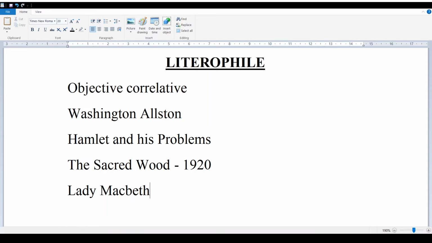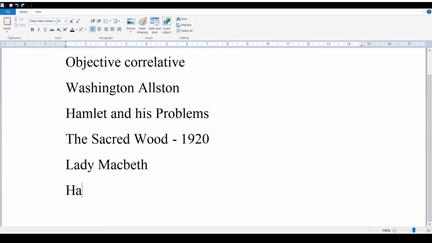Now, according to T.S. Eliot, this doesn't happen in Hamlet. T.S. Eliot feels that there is no such object, event or situation in Hamlet which would enable us to understand the problems or the emotions within the character.